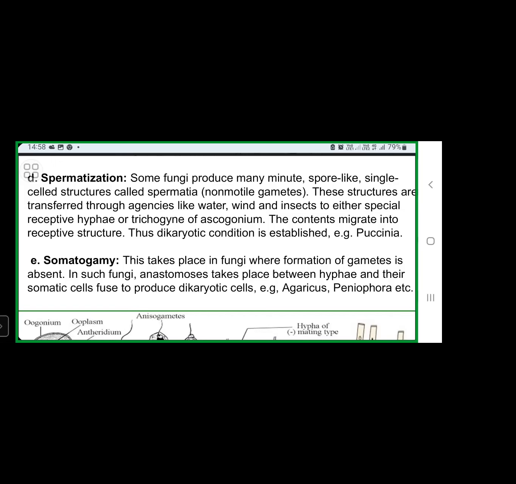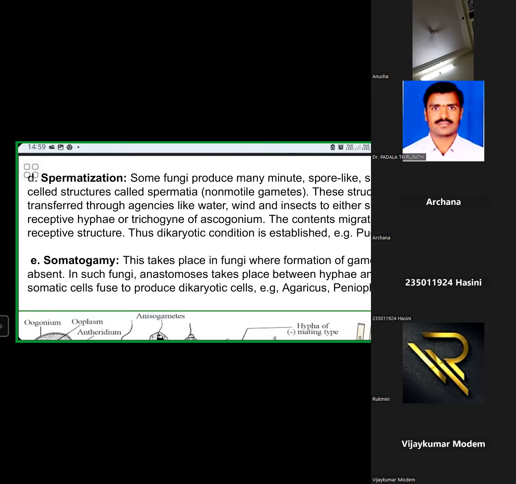This receptive hyphae is also called a trichogyne. So whenever the spermatia reach the receptive hyphae or trichogyne, the contents will migrate into the receptive structure. So fusion takes place between the male and female gamete contents.